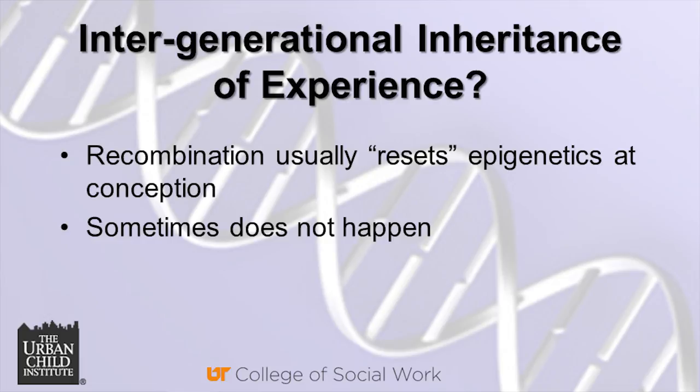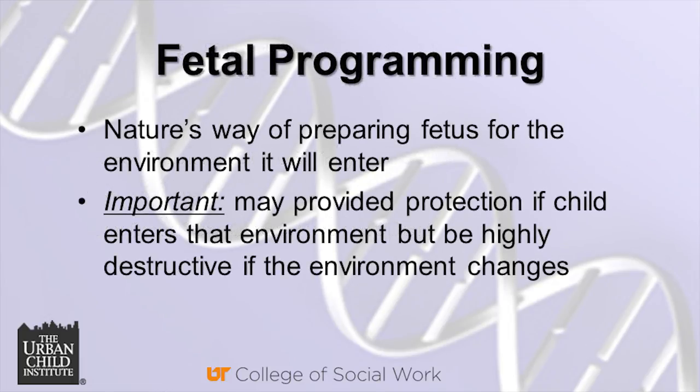Now, one of the things that happens, because mothers and babies share a blood supply, is that everything the mother experiences is experienced by the baby. Famine, war, domestic violence, depression. The mother's physiological system is also the baby's system.